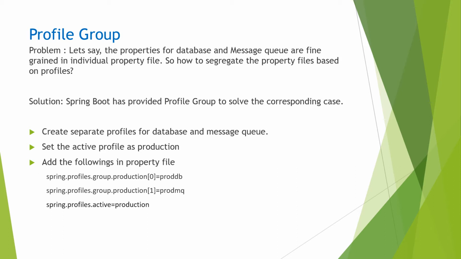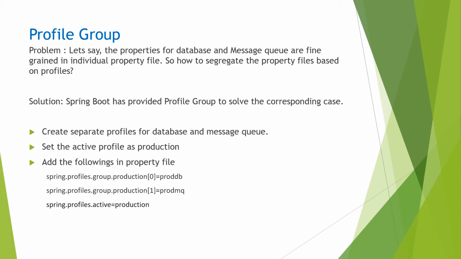So in this case, how will we set the profile, because here I don't have any single property file? How will you tell Spring Boot, hey, pick up these two configuration files based on the profile? As I mentioned in the previous slide, we can set the active profile with one value.